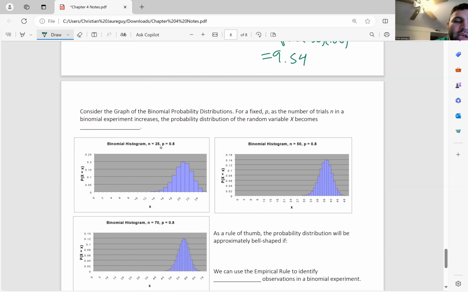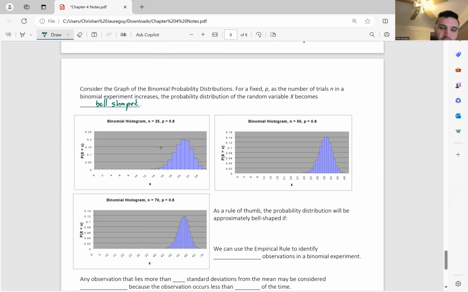For a fixed p, as n increases, the probability distribution of the random variable x becomes bell-shaped. So you can see it has a slight skew here. This one has a small skew, not very much, and this one's almost perfect.